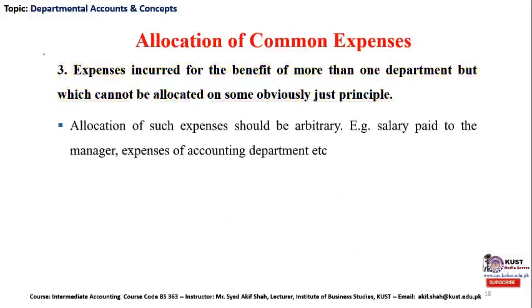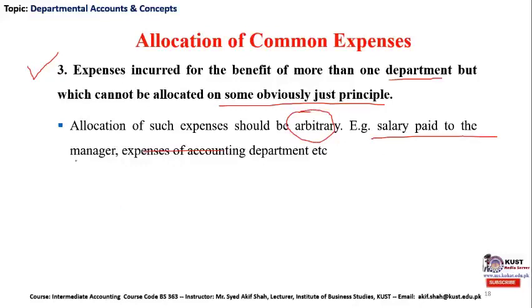Let's discuss the third condition: expenses incurred for the benefit of more than one department, but which cannot be allocated on some obvious just principle. So how to allocate? Allocation of such expenses is arbitrary, and depending upon the accountant's judgment we can allocate them.